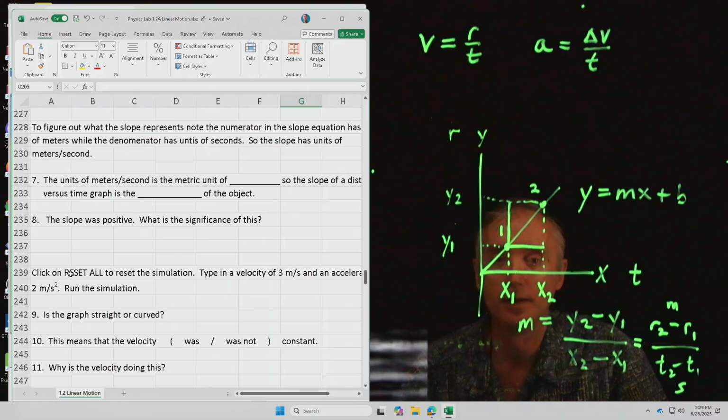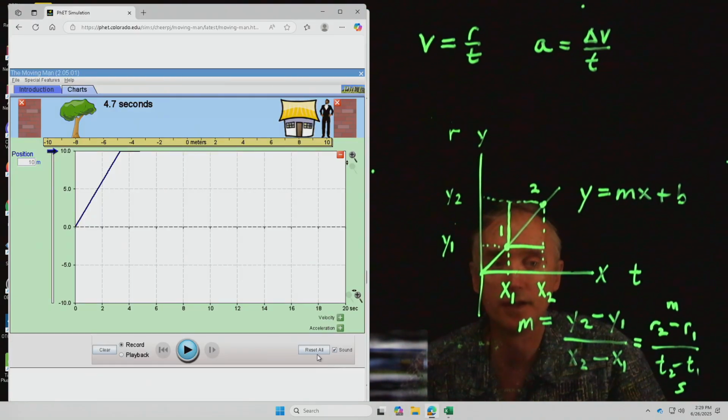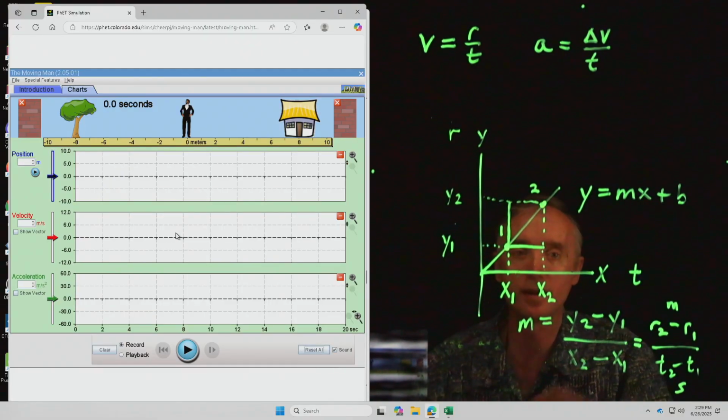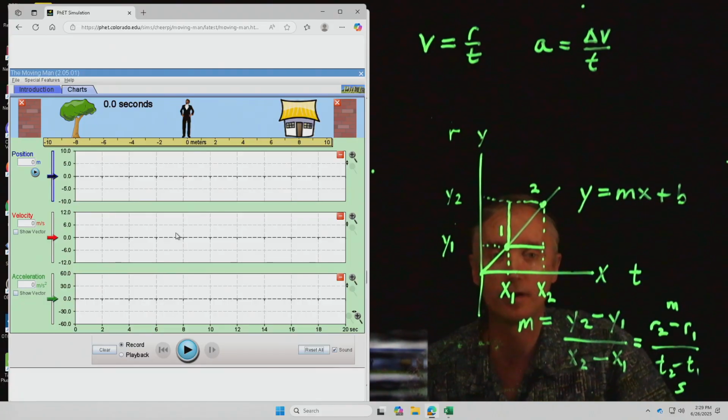Okay. Now we're going to click on Reset All to reset the simulation. So we're going to go back to the simulation here, and then it says Reset All here, and then click there. So now it sets everything back to 0, and we've got our 3 graphs again.